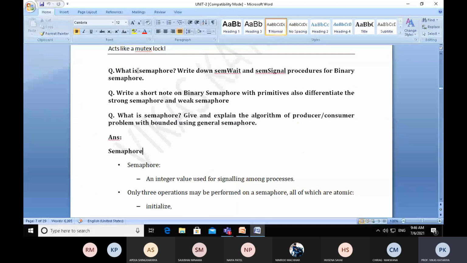Now in the last lecture we discussed the semaphore and some functions used by the semaphore variable like the initialization function, sem wait function and sem signal function. And we have already discussed initialization: if we want to initialize the values of the semaphore variable, then we have to use the initialization function.